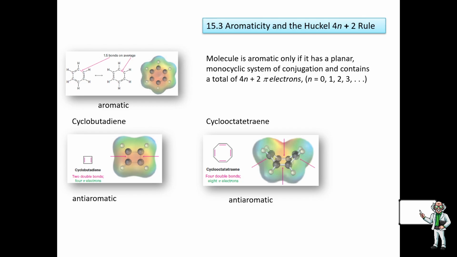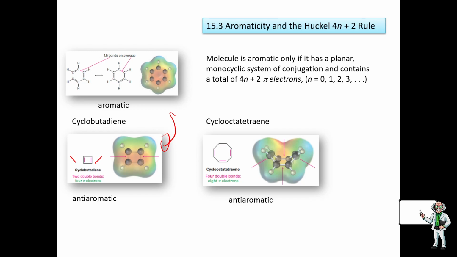In the case of cyclobutadiene, as you can see here, we have a 4-member ring with 2 double bonds. This is planar. All the atoms are sp2. What is the problem? If we count the electrons, we only have 2 of this double bond and 2 of this double bond.